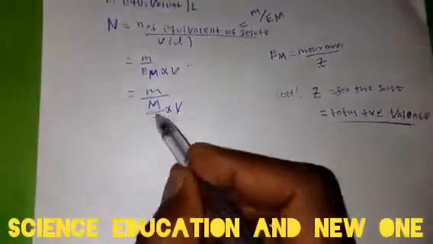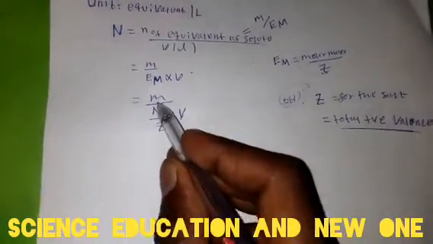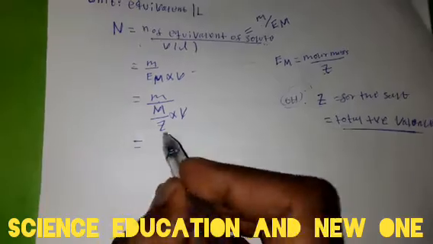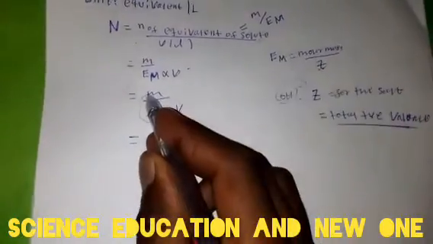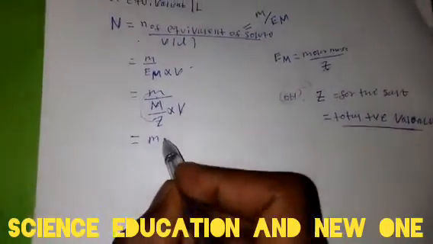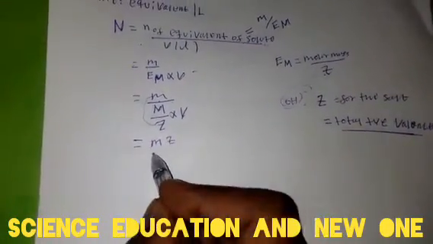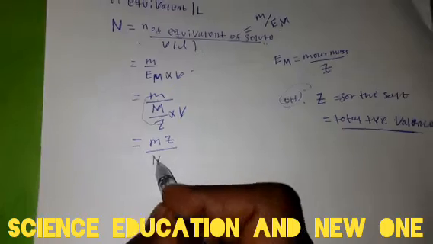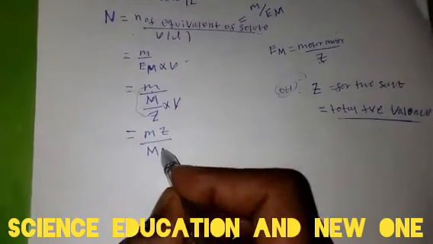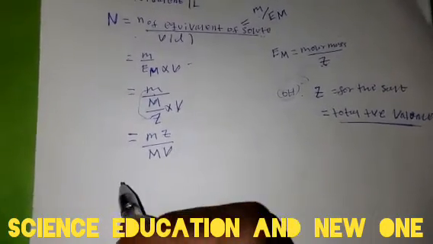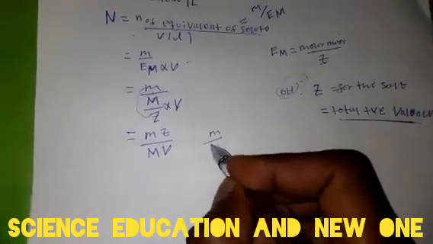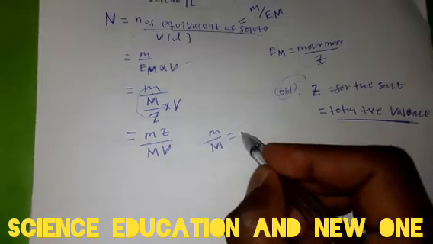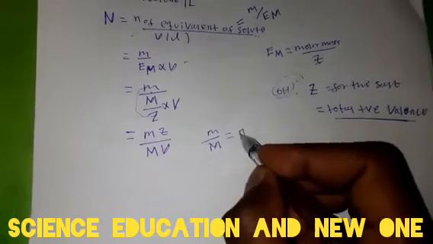At this point, Z is multiplied with what? Mass. Normality is equals to mass times Z over molar mass times V. Then mass over molar mass is equals to what? Number of the moles.